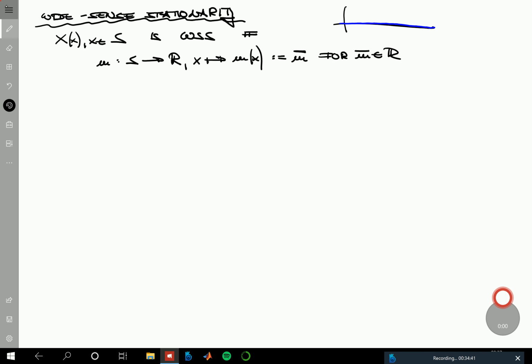And the other thing is that the covariance function depends only on the difference between two locations, so that our covariance function C is only a function now not of tuples of locations, but only of a given distance in space. And this distance, of course, is also a part of the search space.